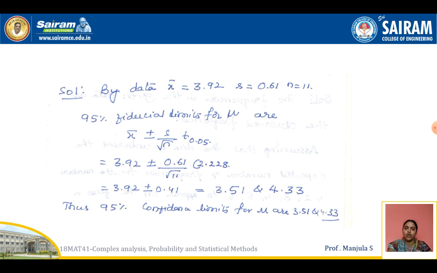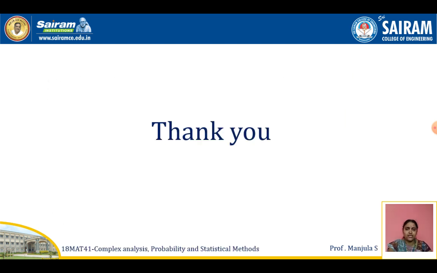First, if you go for adding 3.92 and 0.41, we are getting solution as 4.33. And if you go for subtracting 0.41 from 3.92, we are getting solution as 3.51. Thus, 95% confidence limits or fiducial limits for mu are 3.51 and 4.33. This is our required solution.